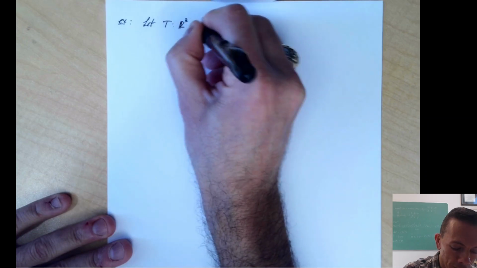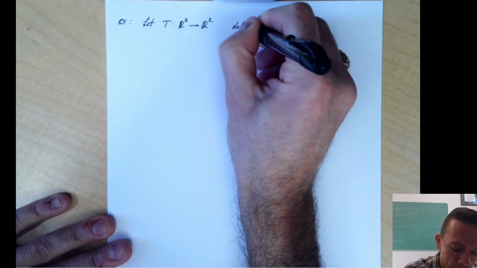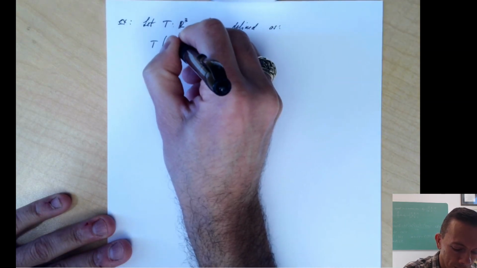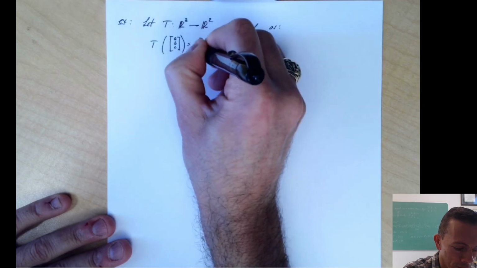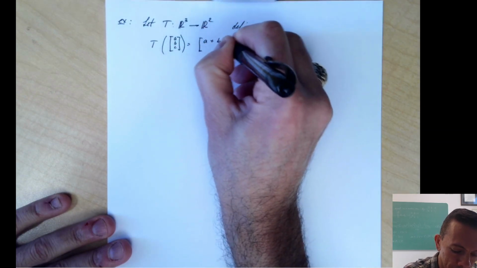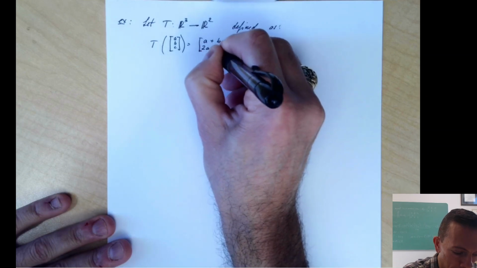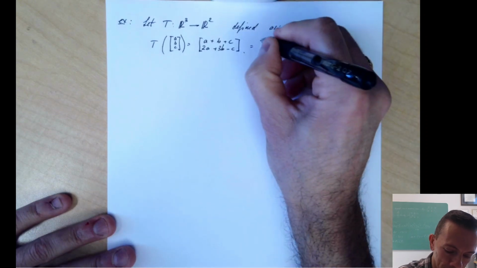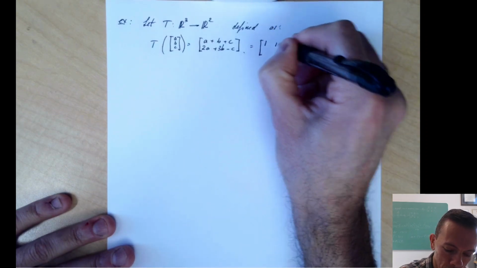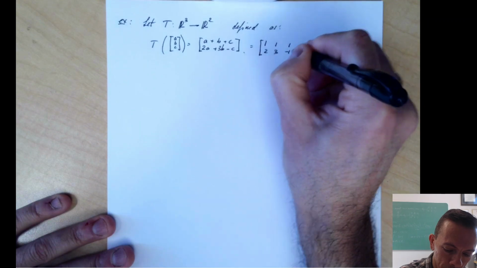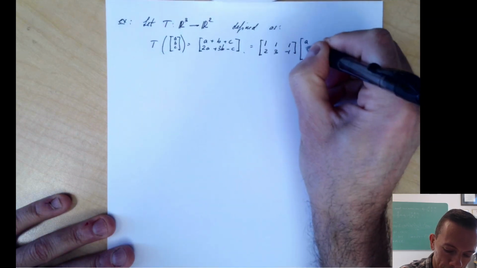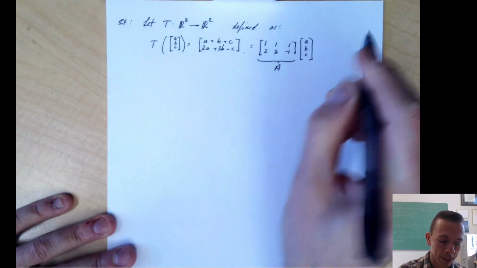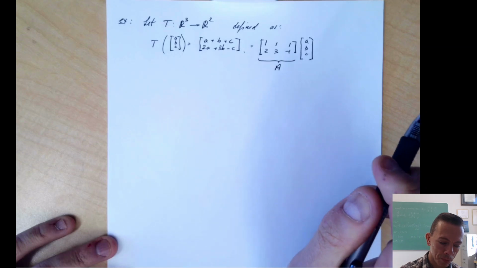A linear transformation from R3 to R2, defined as T of a vector in R3 (a, b, c) equals the vector in R2 (a plus b plus c, 2a plus 3b minus c), which can be written as a matrix transformation where the standard matrix is [1, 1, 1; 2, 3, -1] times the vector (a, b, c). So this is the standard matrix A of T.